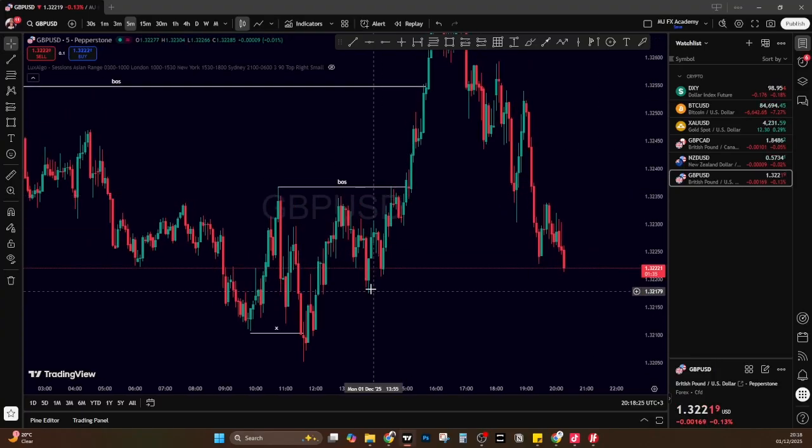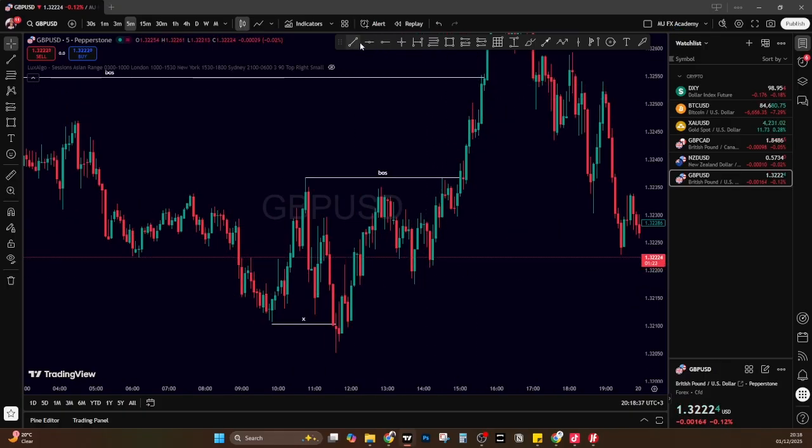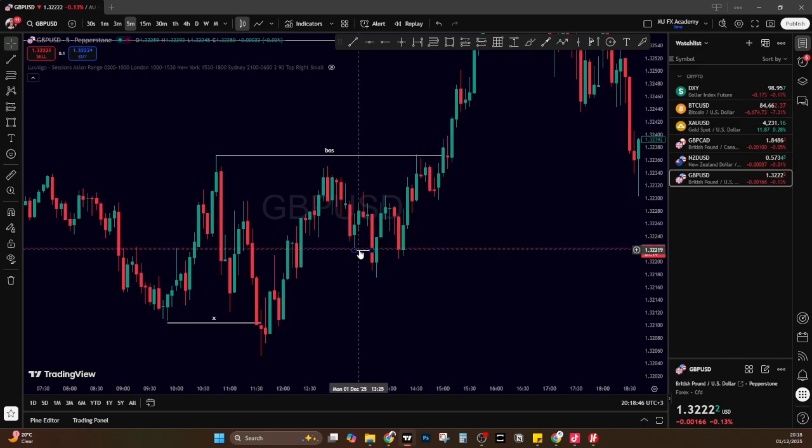This low that caused the break of market structure did not take any significant low. Or, let me mark this because this one will be important. There is that liquidity that was swept there. Can you see this?